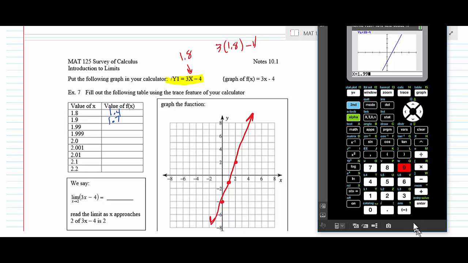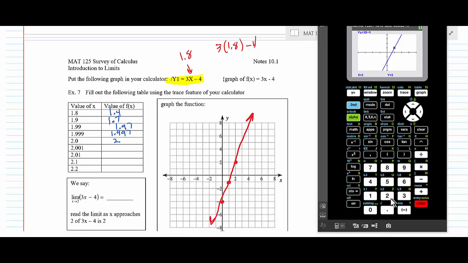1.99 is the next one. Okay, press enter, and then I'm going to record that now as 1.97. And I'm just going to keep doing this. Next one is 1.999, and then that's going to be 1.997. Then I go to 2. That's going to give 2.